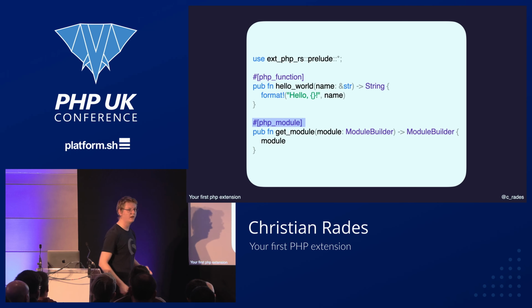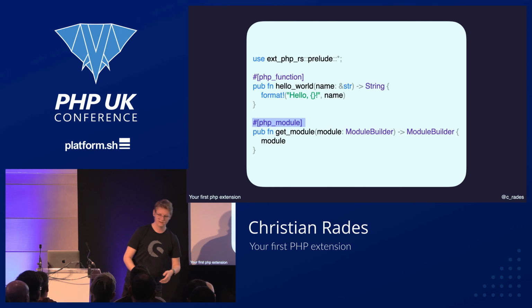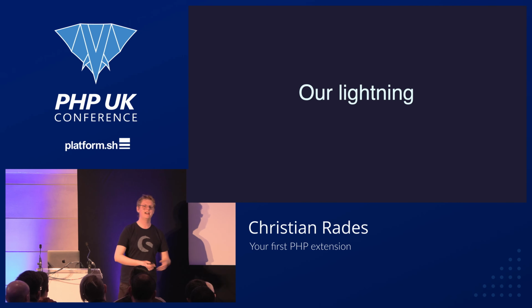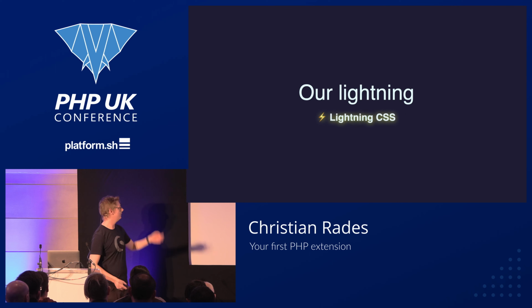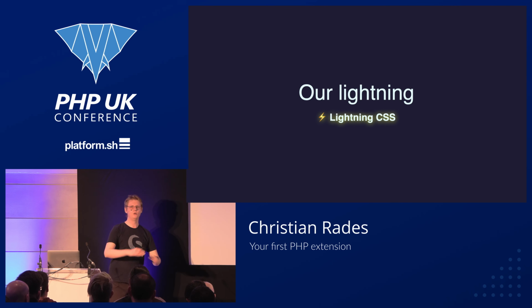And I've promised you we're going to capture lightning. So you might ask, what kind of lightning? Well, we're going to capture Lightning CSS. Who here heard of Lightning CSS? Ooh, at least a few people.